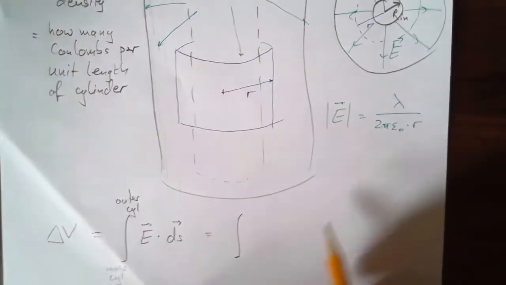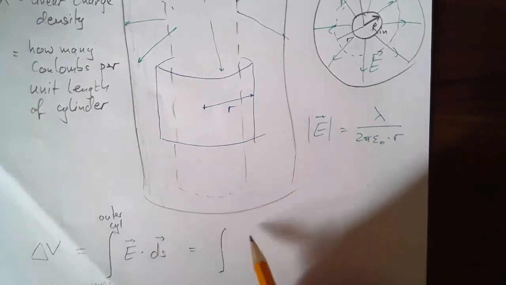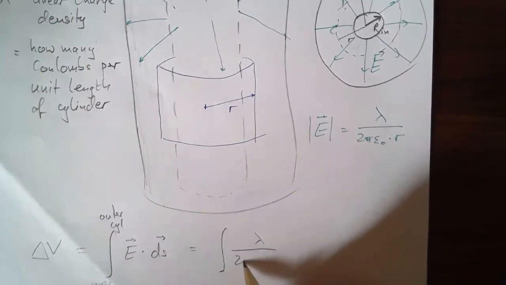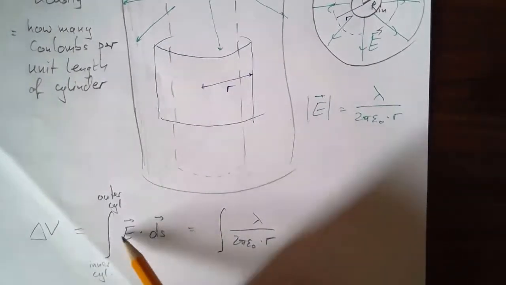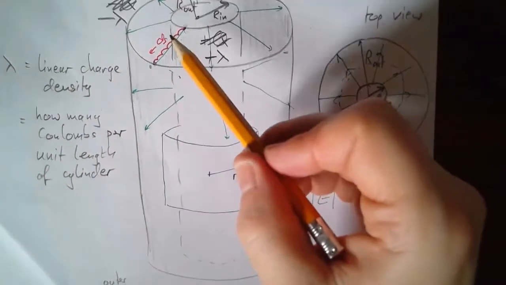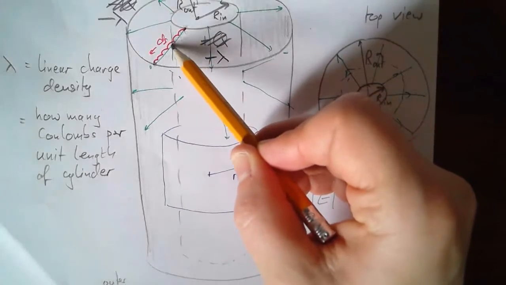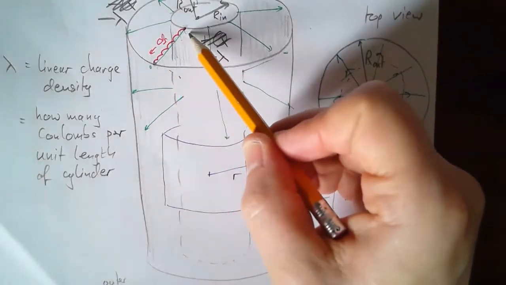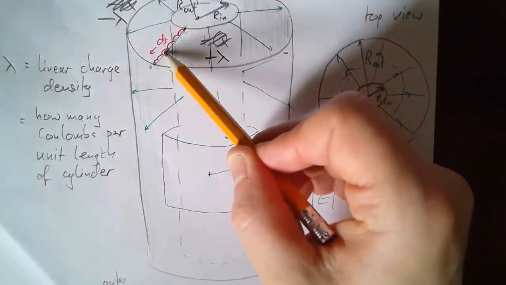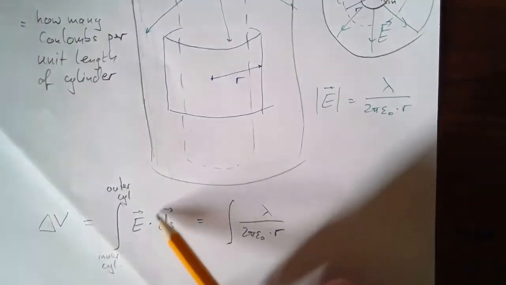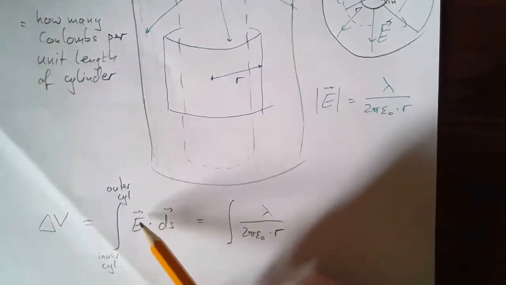Right, to actually evaluate this, we're going to plug in what the electric field is. My electric field strength. Notice I don't have to worry about the direction, because by going radially, I'm always going along the electric field line. So the angle between my path, my step direction, and the electric field is 0.